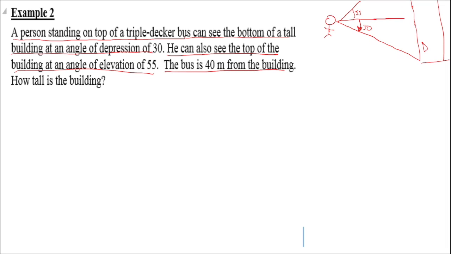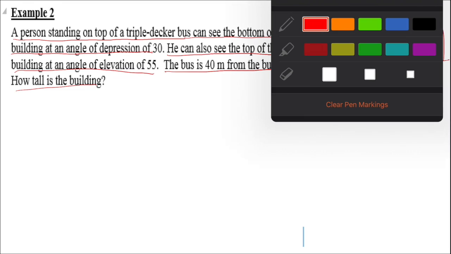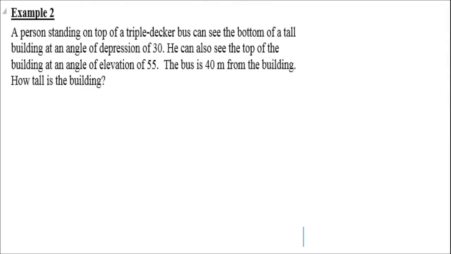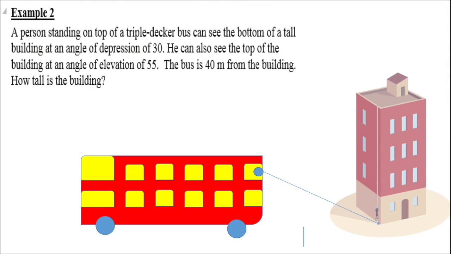The bus is 40 meters from the building. Let's just pretend that that's a bus. It's 40 meters from the building. How tall is the building? This is how it's done, basically.